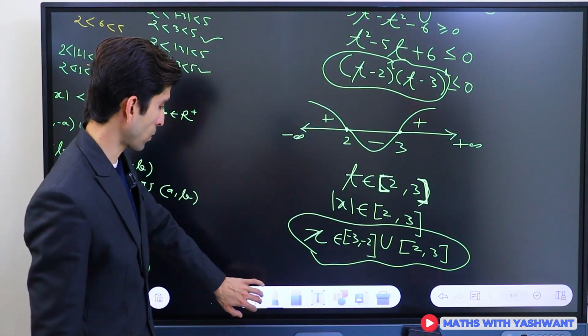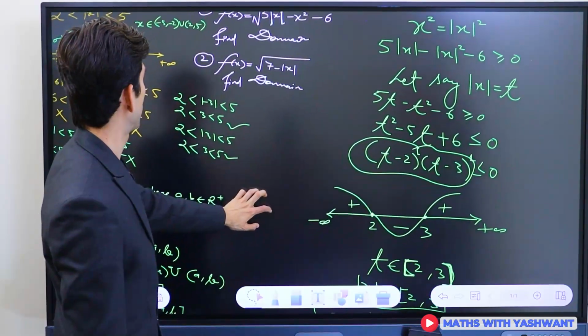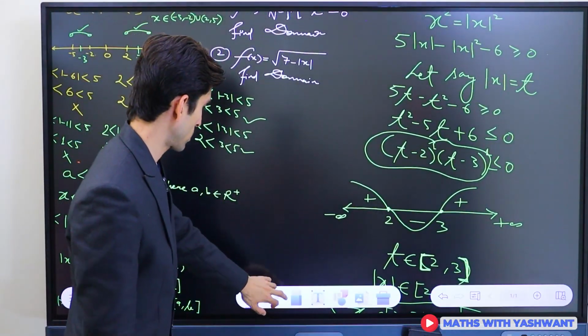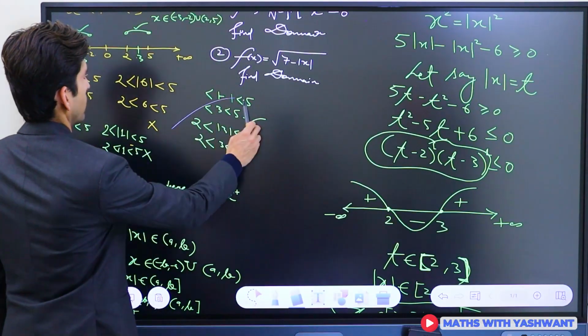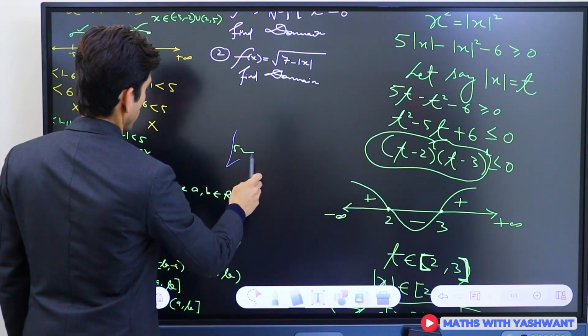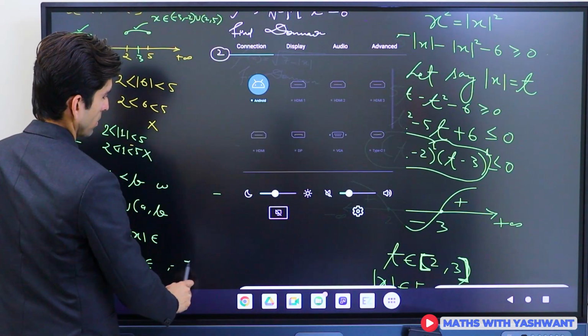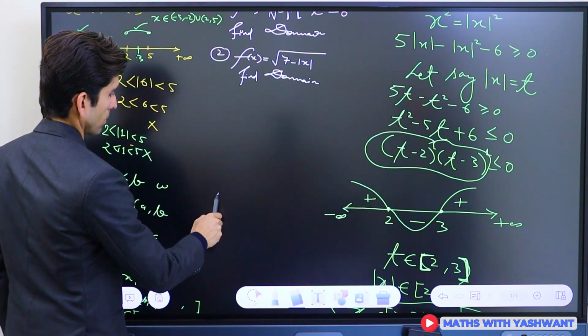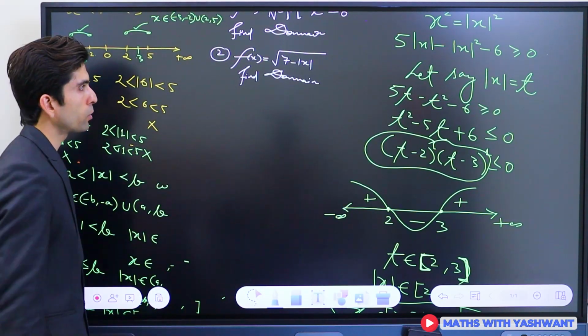Now let's solve the second one. The second question we have is f(x) equals the square root of 7 minus mod x. It's very simple, and we use one property of the modulus function that I have already taught in my previous video.